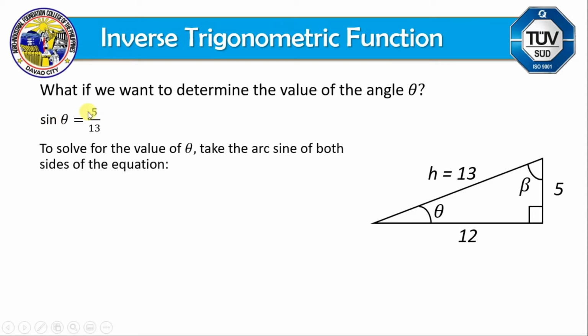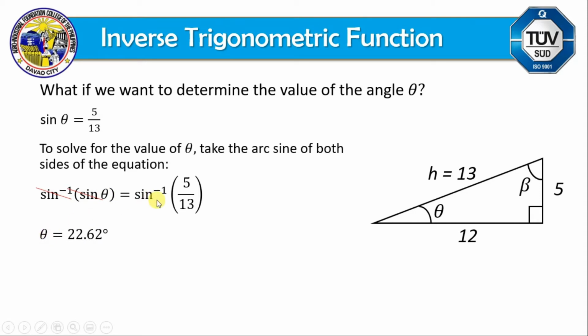If it is sine, arc sine is its inverse trigonometric function. So we take the arc sine of sine theta, and the arc sine of 5 over 13. Whatever you do on the left, do also on the right to preserve the equality. So in this case, when we take the arc sine of sine, this will just cancel out, leaving the angle theta.